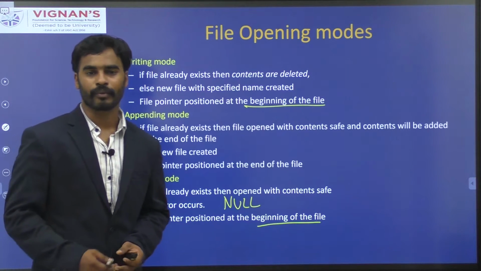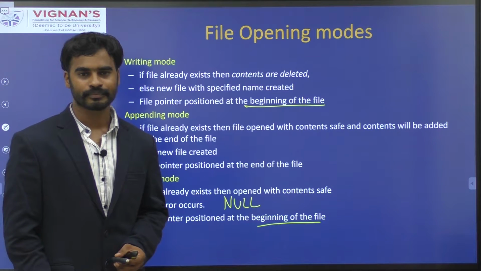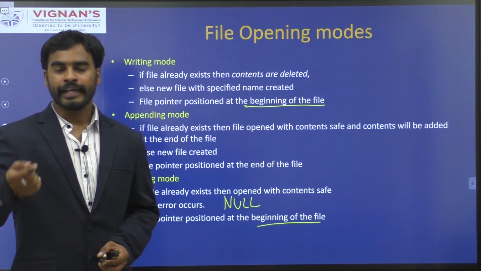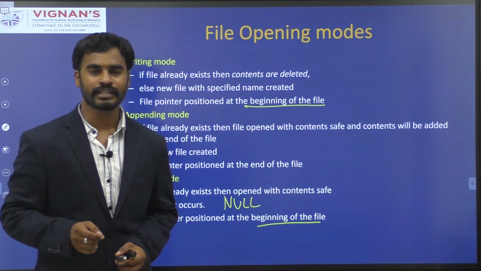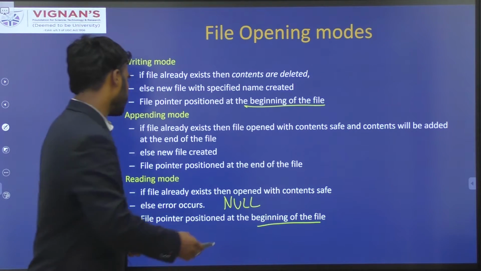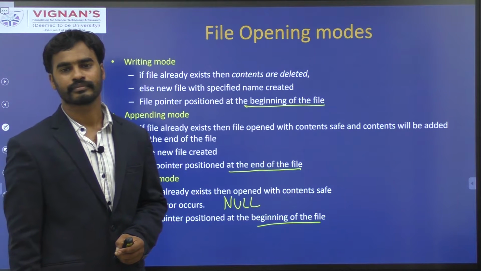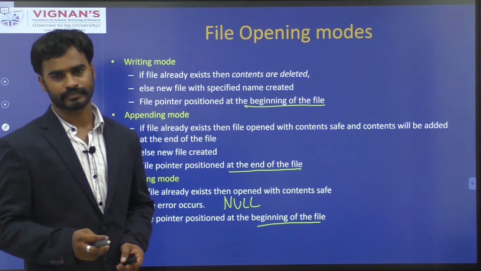The next one is appending mode. If you try to open a file in appending mode and the file already exists, it will open the file without erasing the previous contents, and the pointer returns at the end of the file. If the file does not exist, it will create a new file.